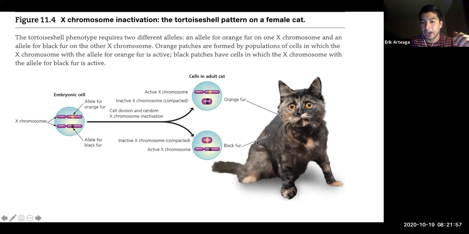And in this case of the cat, you have either the black or this yellow or orange fur, where the gene is going to be housed on the X chromosome. So either one of these is going to be turned off or on. You can see this calico cat is a genetic mosaic, right? You have black areas on the fur and some areas of orange. So again, you have a mix of which chromosomes to turn off and on, right? And females are like this, okay?